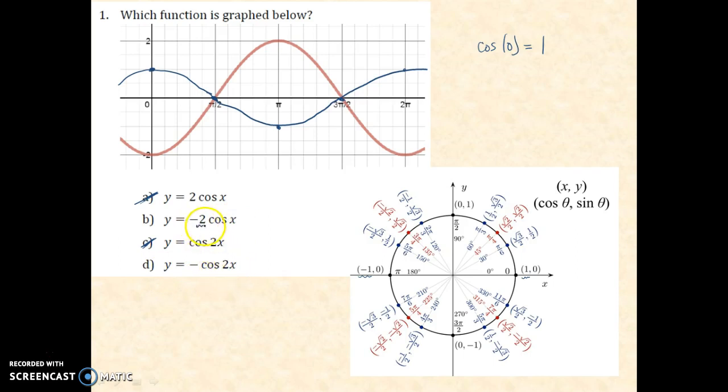Now when you have a 2 out in the front, that changes the amplitude, and when you have a 2 inside the cosine argument, so near the x, that changes the period. We have the same period here, the period is still 2 pi. So our amplitude is what's changed, and our amplitude, instead of being 1 away from the x-axis, is double that. It's 2 away. So the answer is B, negative 2 cosine x.